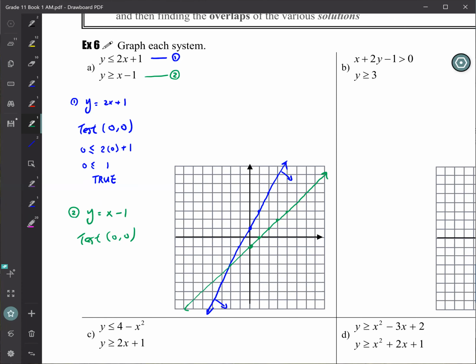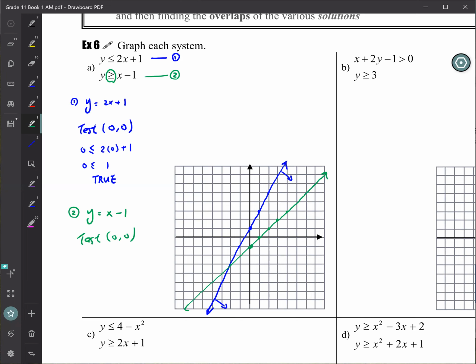It's false. False? How do you know it's false? Because 0 doesn't equal to 1. Well, the question says greater or equal. So either one works, then it will be true.